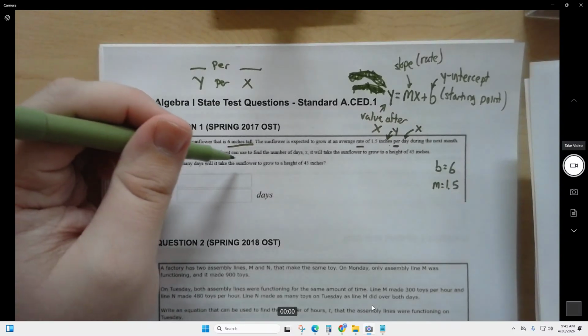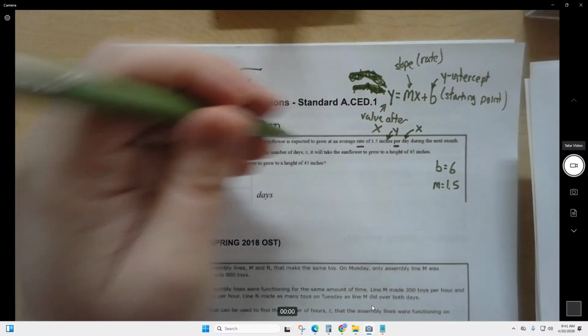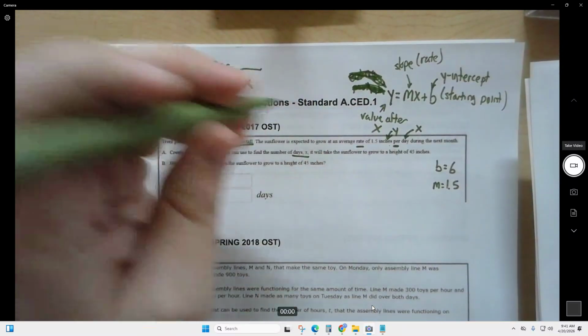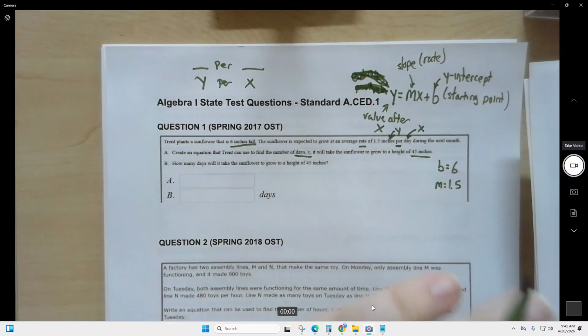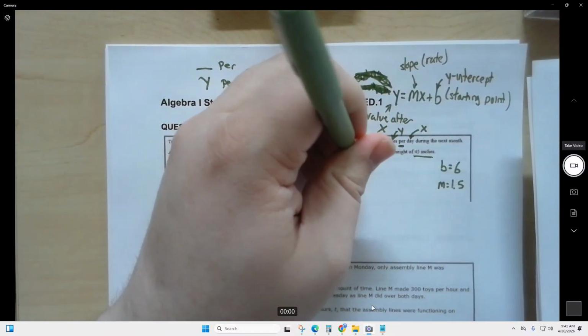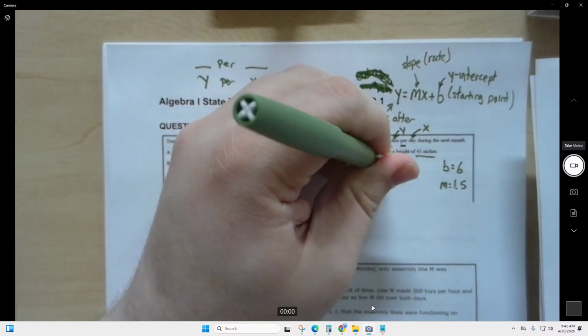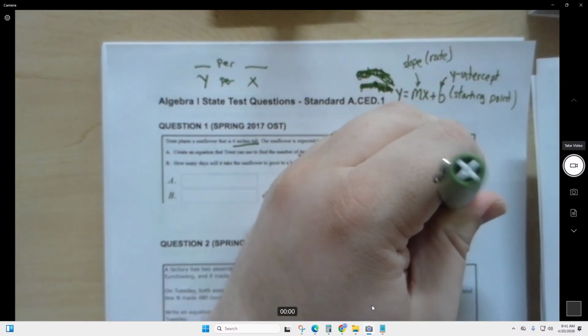Create an equation that Trent can use to find a number of days x. So they tell us days will be x. It will take for the sunflower to grow to a height of 45 inches. So our end goal is 45. So in y equals mx plus b, we're going to put in 45 for y. That's our desired end goal.